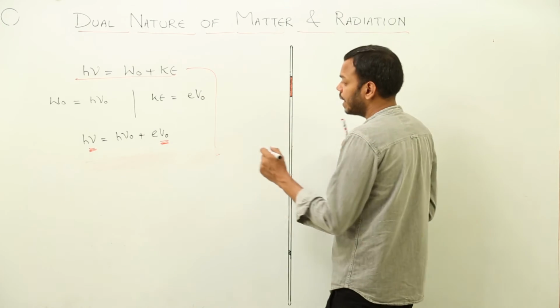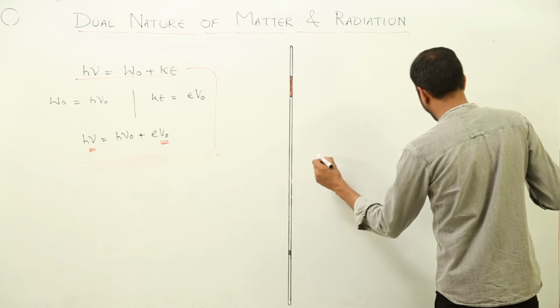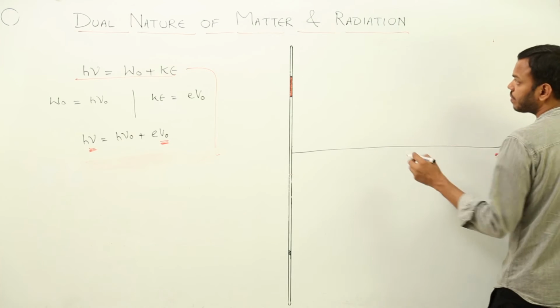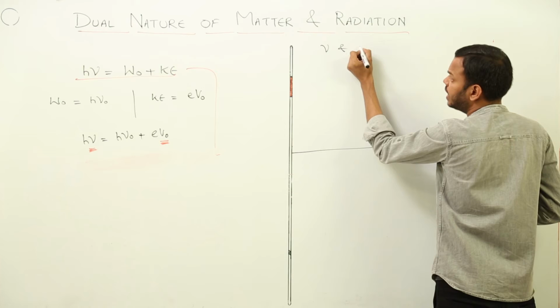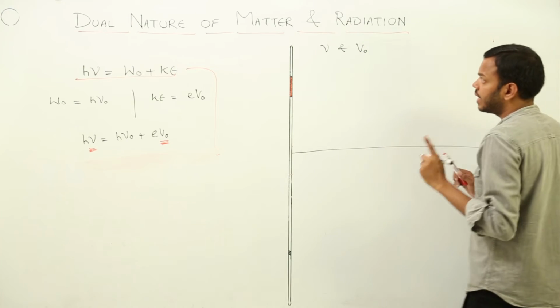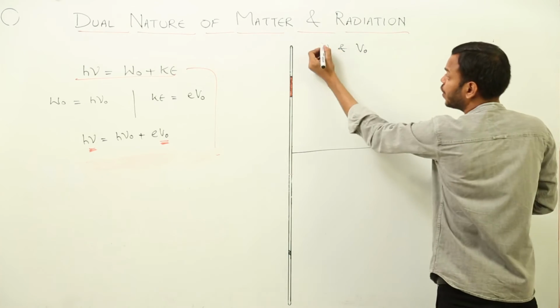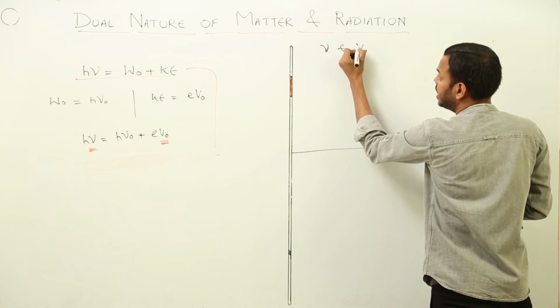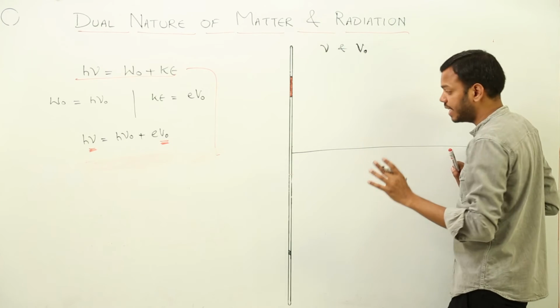For example, I am dividing this board into 2 parts. Here I want to draw the relationship between frequency and stopping potential. Do try to keep track of what I am saying and what I am writing, because frequency and potential sometimes look similar, so you have to listen and see at the same time.